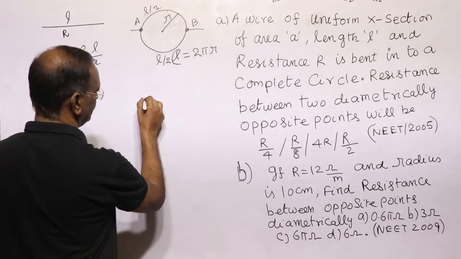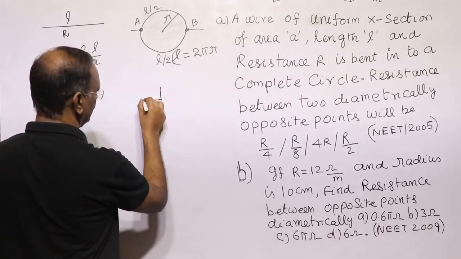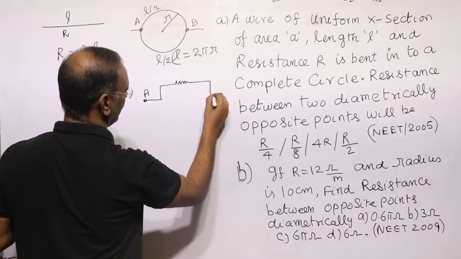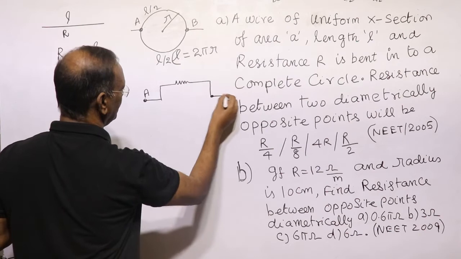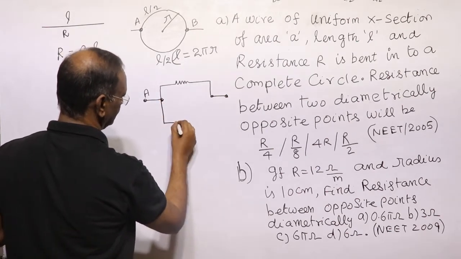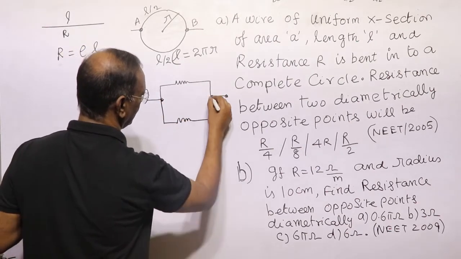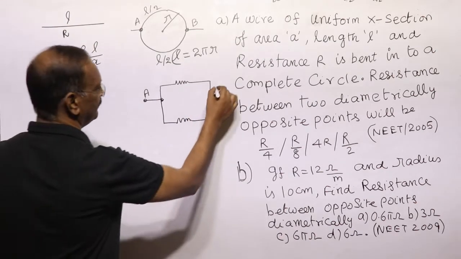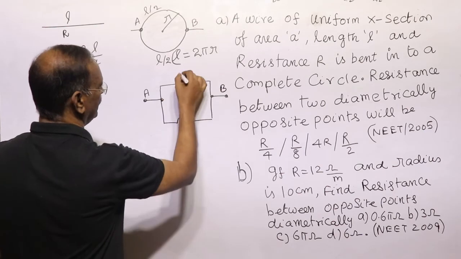We can draw it like this: point A, the two resistances, and point B.